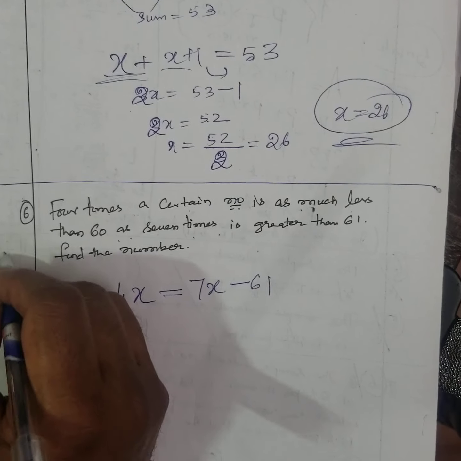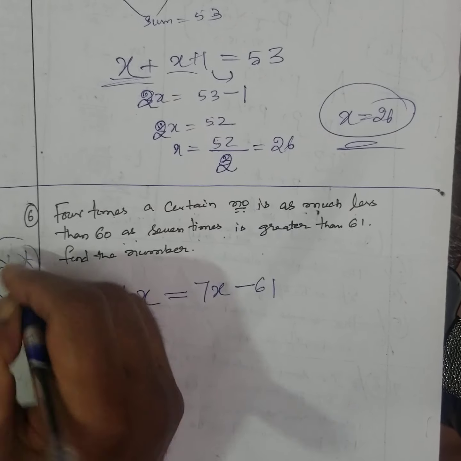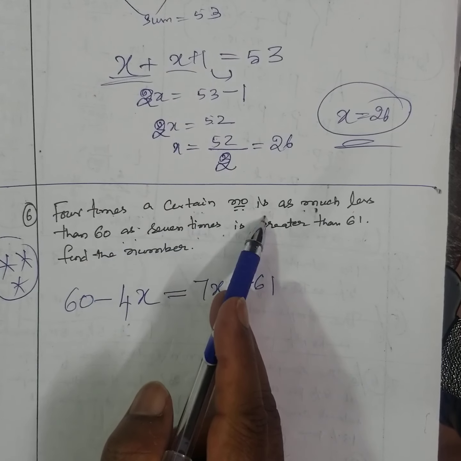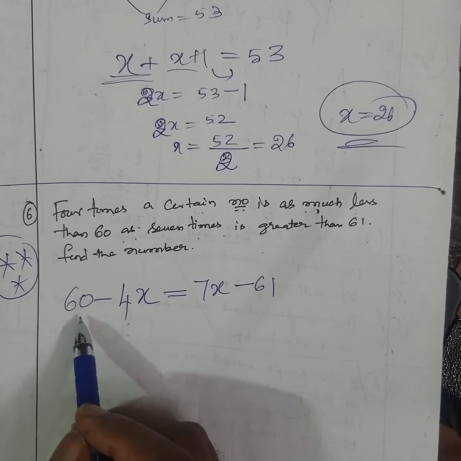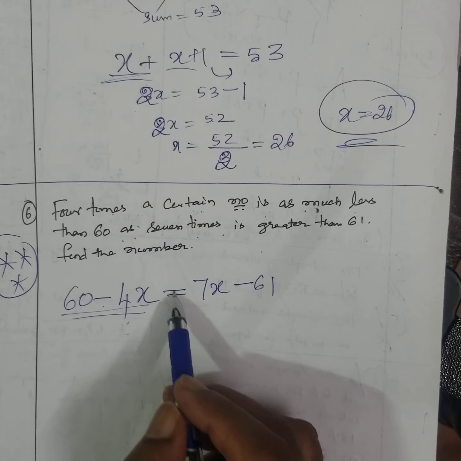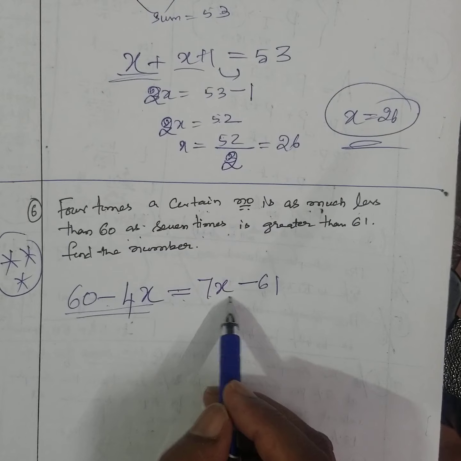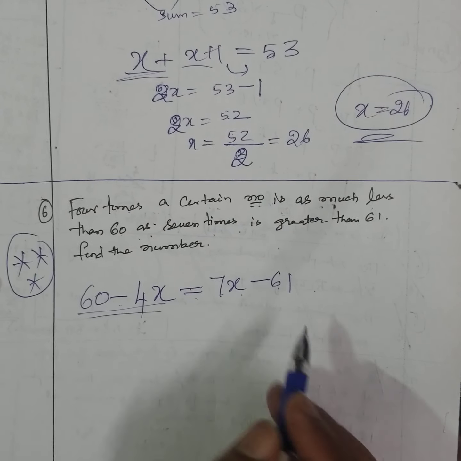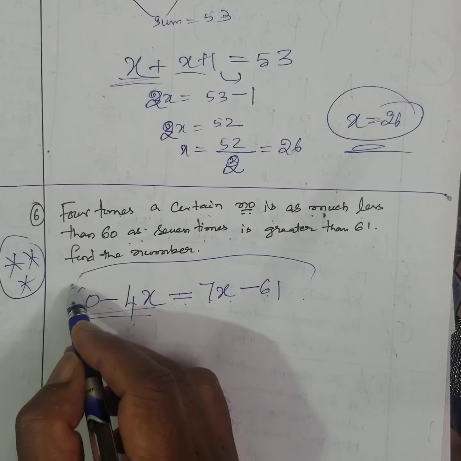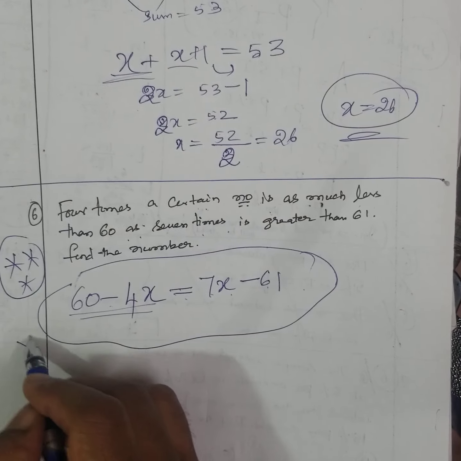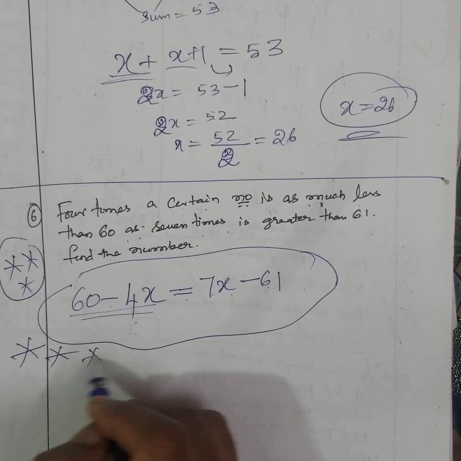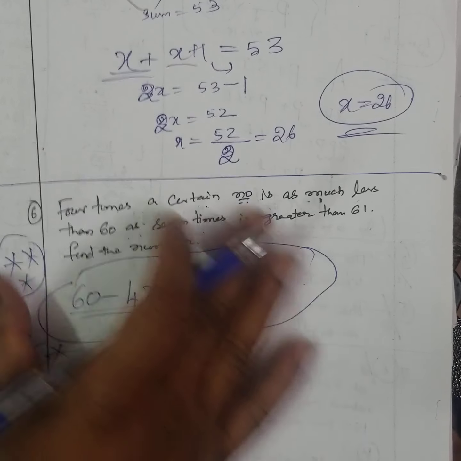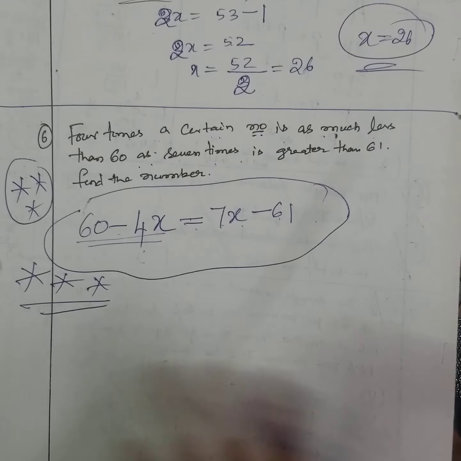See, this is a very, very important statement. 4 times a certain number less than 60 means what? Find that number. See, this is a very big important step. If you go wrong here, all the steps will go wrong.